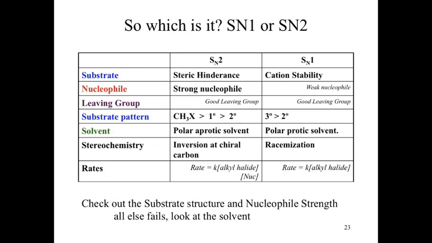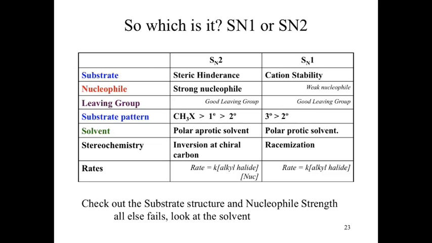Those are going to be your big ones. Okay, so if you have a strong nucleophile, click SN2. If you have a weak nucleophile, you're probably looking SN1, but let's push it a little bit further. Look at the substrate. Okay, does your substrate form a stable carbocation? Well, if it does, then SN1 makes sense. Okay.